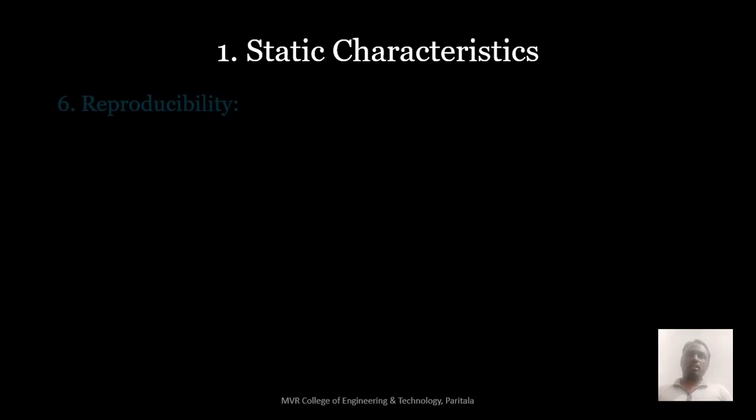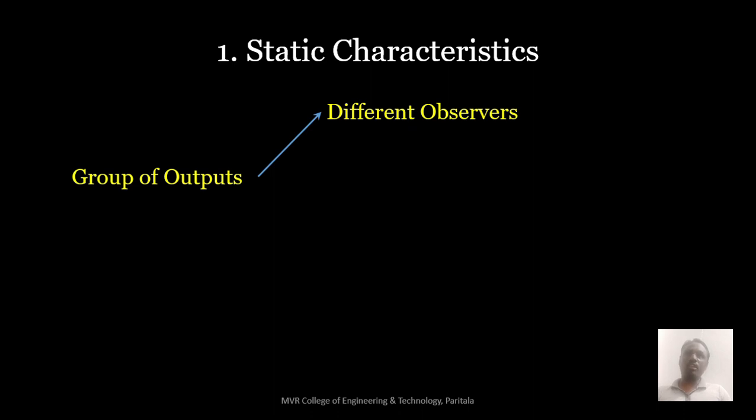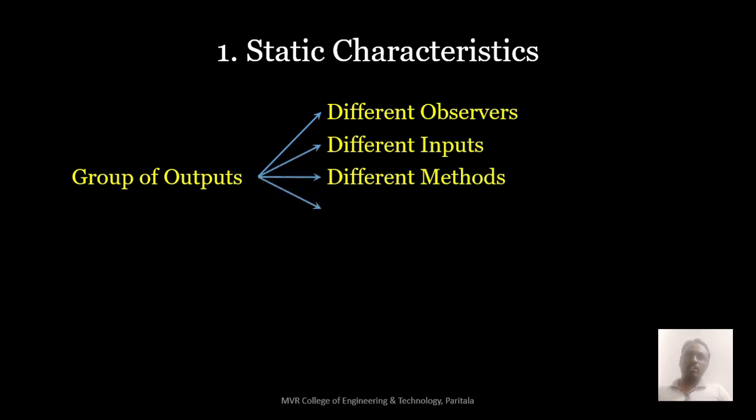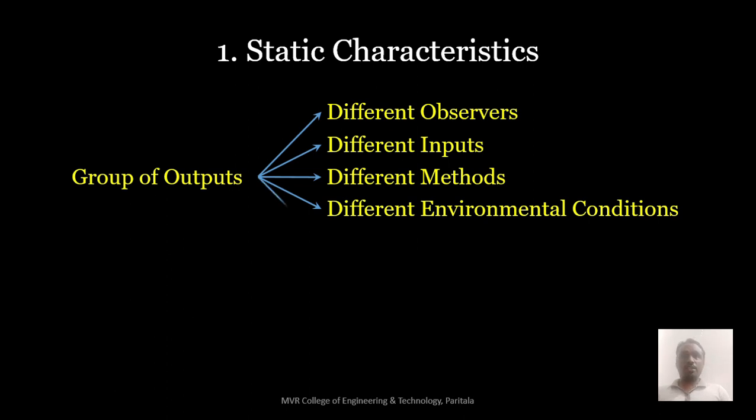The next one is reproducibility. Now, for the same conditions, we have to consider the same five conditions, but here, in this case, we take a group of outputs with different observers, different inputs, different methods, different environmental conditions, and different times.